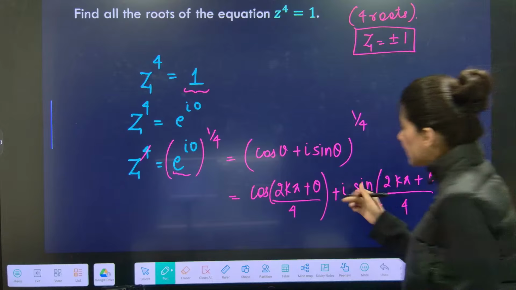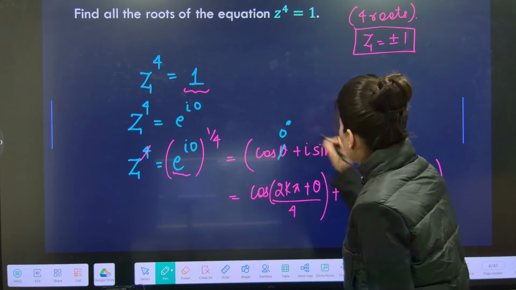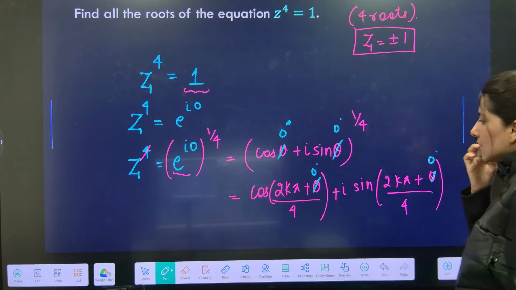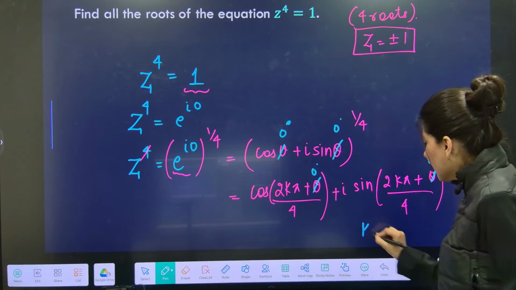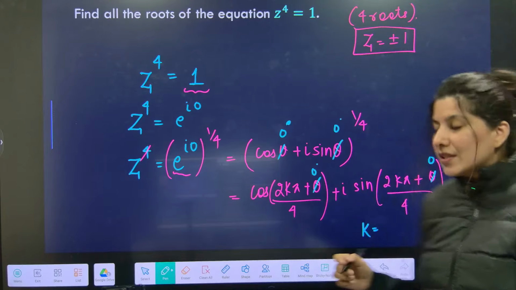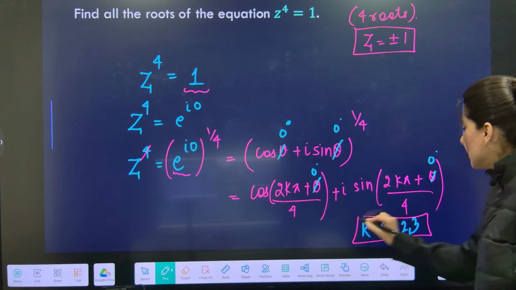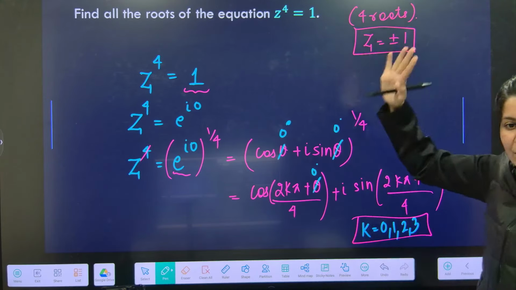Here theta is 0 radian, so this is also 0. Now k will start with 0, 1, 2 and 3. Only 4 values will be there, because we are looking for 4 roots.